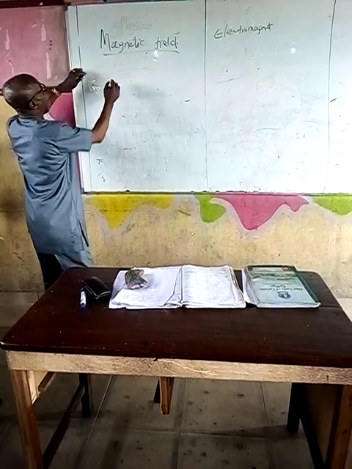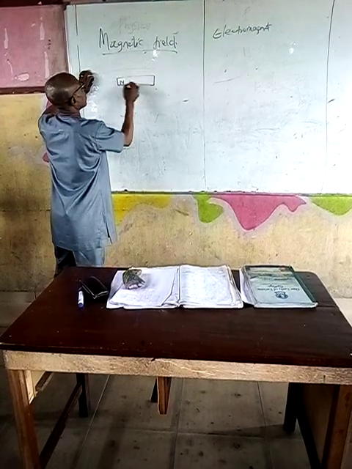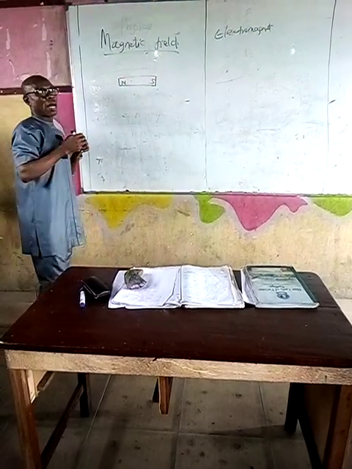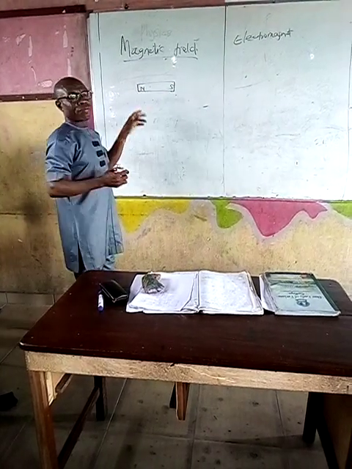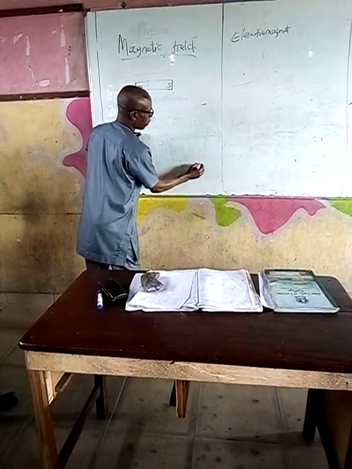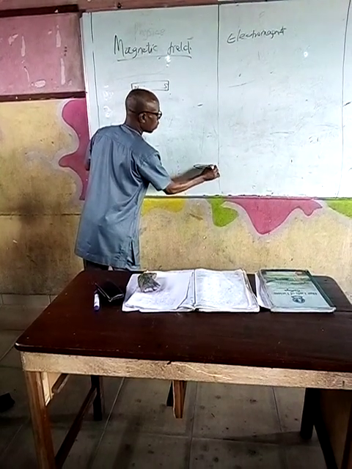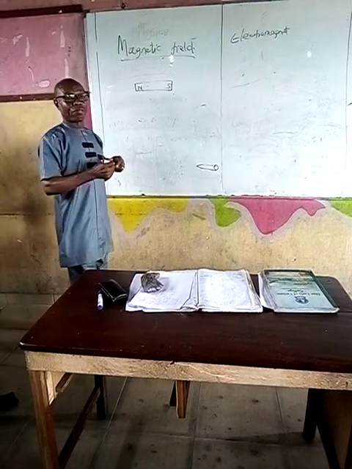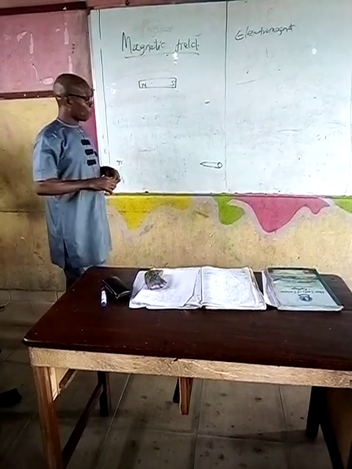For example, if you have a bar magnet with north and south poles, and if you have an iron nail kept far away from this magnet, nothing will happen.